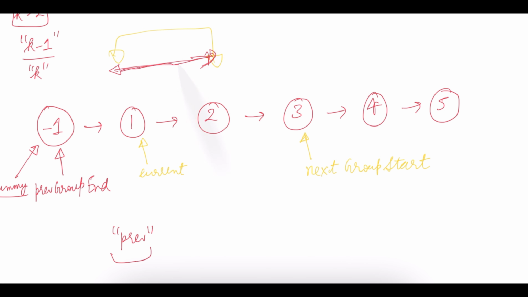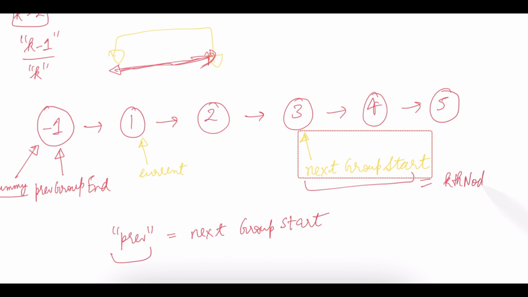So what we can set it as, next group start, and this next group start will be equal to kth node.next.